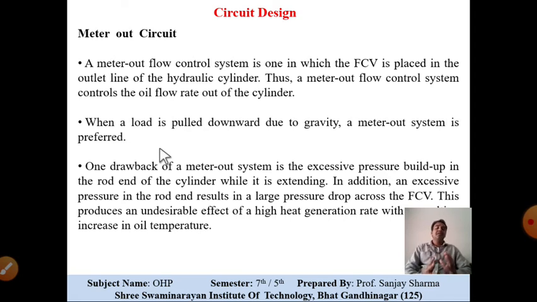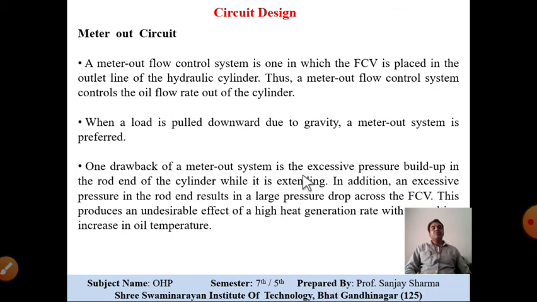I told you, friends, this type of system is very much preferred where the cylinders are vertical and the load is to be pulled due to gravity or against the gravity, or to extend along the gravity. Because of this, we can manage the control of the load against the gravity as per our requirement.